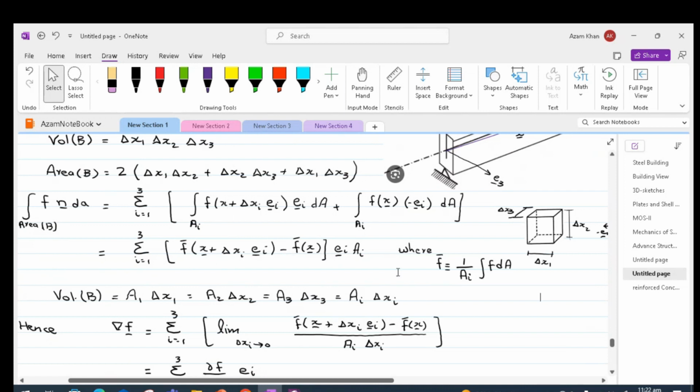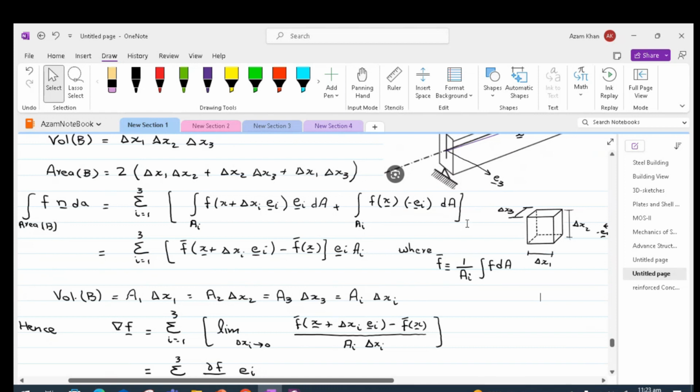And we can define f bar as 1 over Ai times the integral of f dA. Now what we have done is, in this equation, we have multiplied and divided our whole equation by Ai, which is the area of the cross section. So we multiply and divide this whole function by Ai.